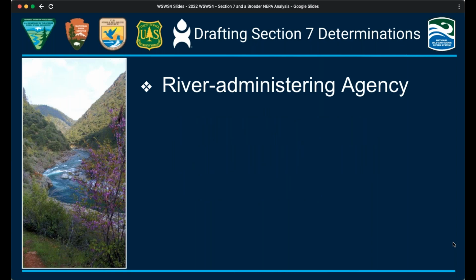Overall, the section 7 analysis serves as a go or no-go checkpoint for whether a water resources project may be approved. Section 7 analysis is formally documented in the section 7 evaluation and resulting section 7 determination.